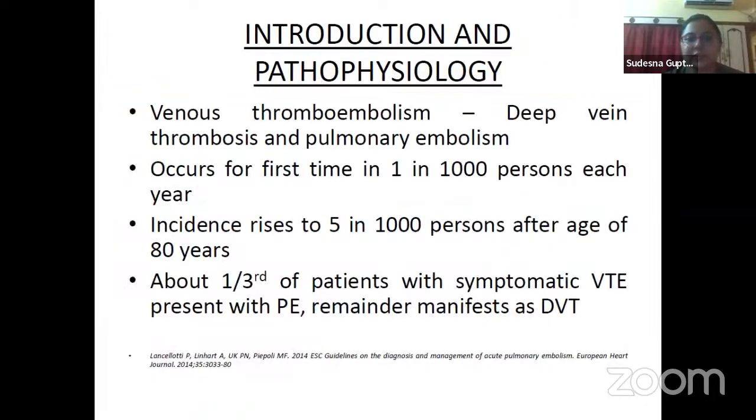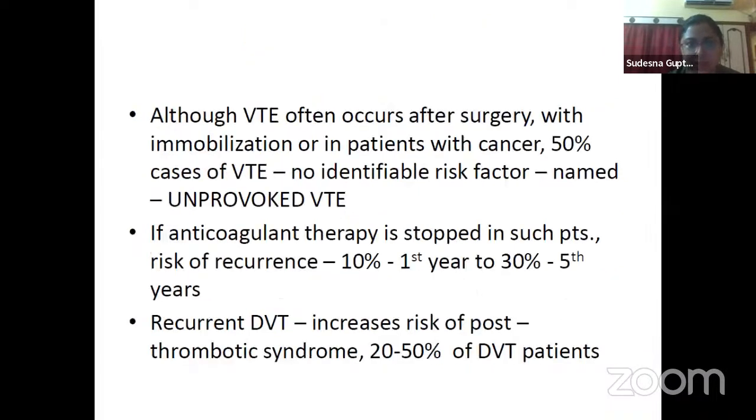To start with, venous thromboembolism is actually a combination of deep vein thrombosis and pulmonary embolism. This occurs for the first time in 1 in 1,000 patients, but over the age of 80 years, the incidence rises. About 1/3 of patients with symptomatic VTE present with PE, the rest present as DVT.